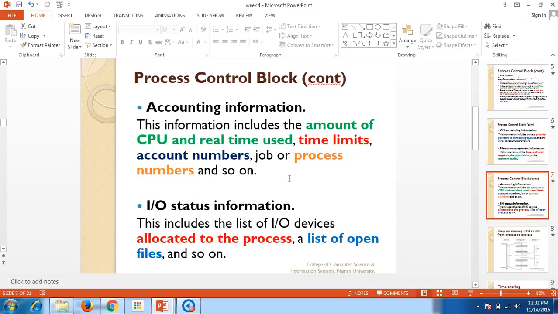Then IO status information includes the list of IO devices which are allocated to a process, a list of open files, and so on. Okay, so everything related to input output devices we have to store.